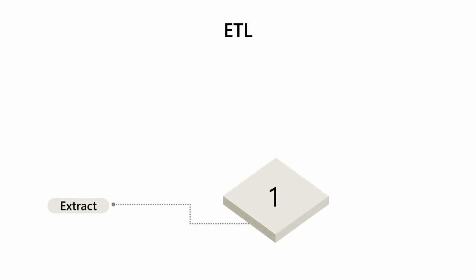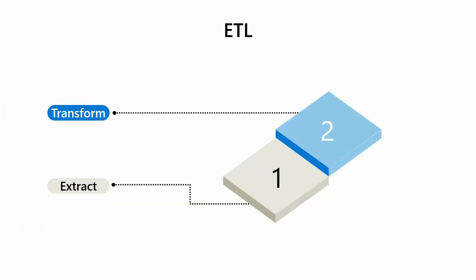Now let's briefly outline the course content so you can have an idea of what's to come in your learning journey as you explore the extract, transform, and load process. First, you will learn about the extract portion of the ETL process. You will focus on data sources and how to extract data and configure storage modes in Power BI. Then, you will move on to the transform portion of the ETL process.